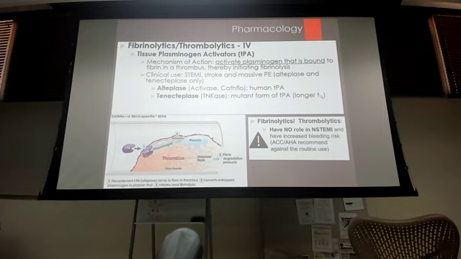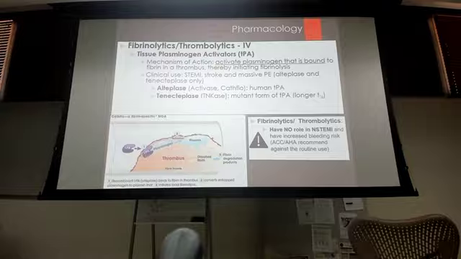That means the tenecteplase can be given in a single bolus, which is very important for your pre-hospital STEMI care, like we talked about. So indications for the tenecteplase or the thrombolytics, we talk STEMI, stroke, acute ischemic stroke specifically, catheter clearance, those types of things.